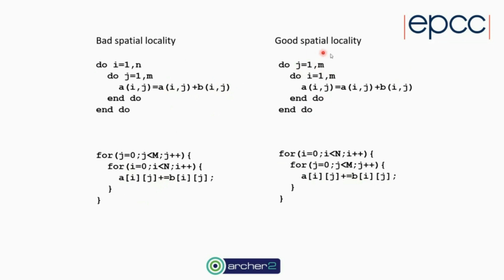But just swapping these loops over gives you much better performance, because the innermost loop is where you're doing your memory access. In typical computational simulation applications with multi-dimensional arrays, this is the most important thing to get right: where possible, loop through the innermost dimension first, like this in Fortran or like this in C.